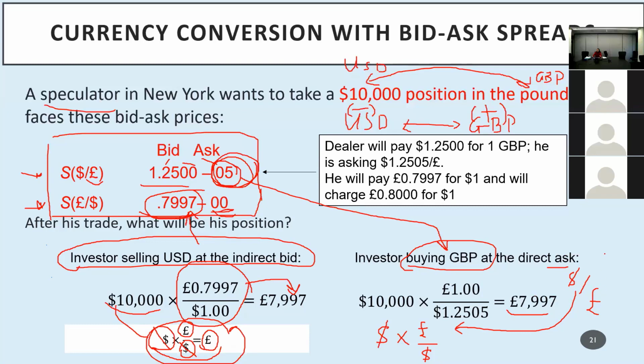So we take 1 divided by the direct ask rate, which is 1.82505, and that will give us this ratio over here. Once again, just to check, if we start with the dollar, then the dollar should be the denominator, so that these two cancel out and we are left with the pounds.